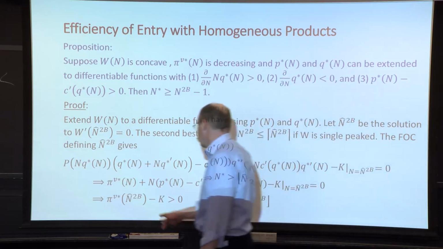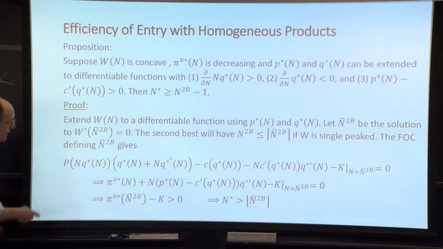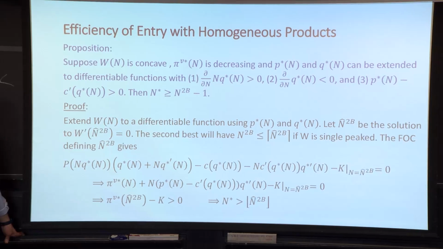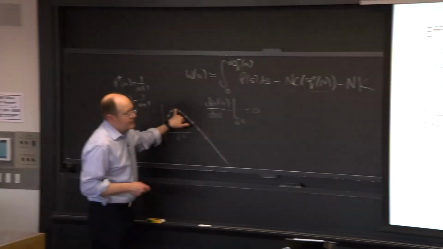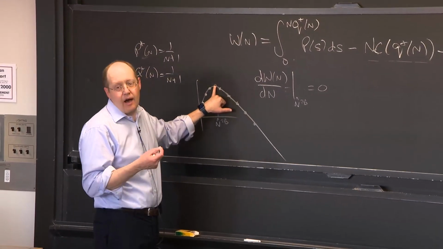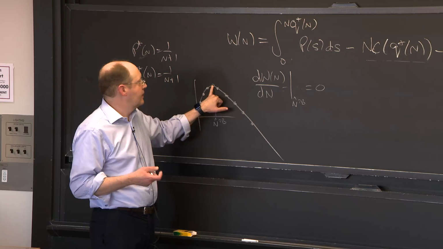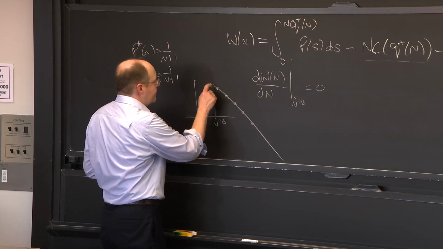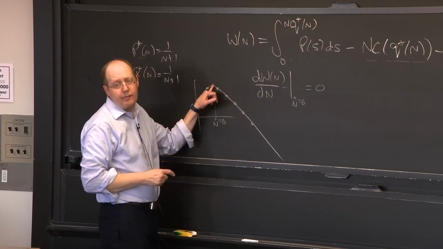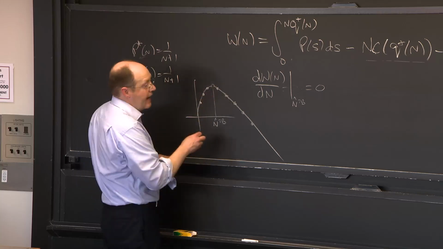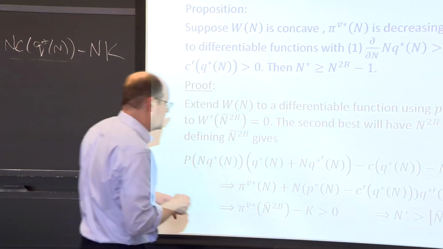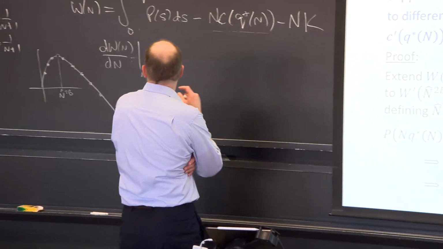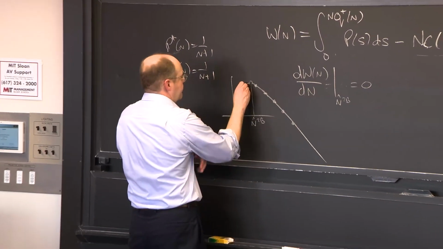So that tells me that the variable profit evaluated at n hat second best minus k is strictly positive, which means that at n hat second best, variable profit is bigger than k, so other firms would like to come in. So if we had exactly this many firms, not that this is an integer, the next firm always wants to come in, so that means the equilibrium entry is at least here.